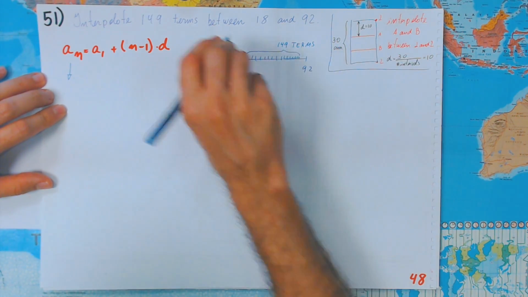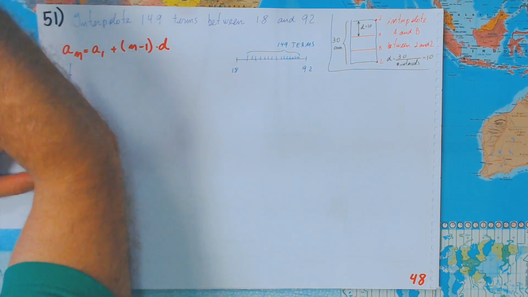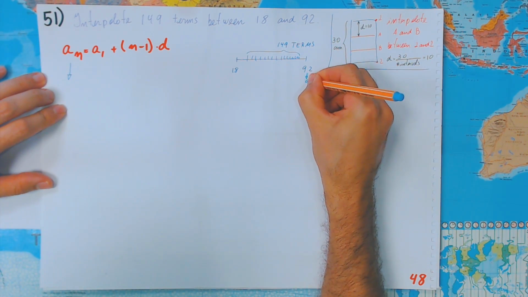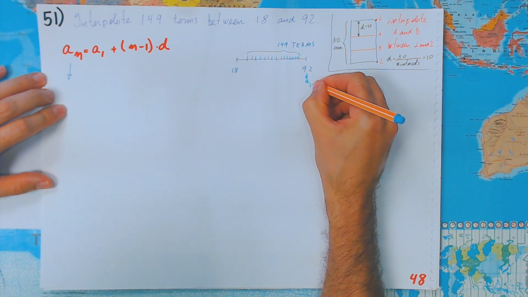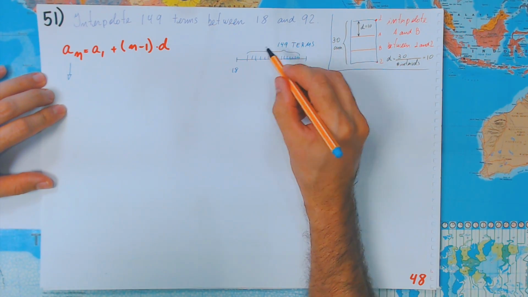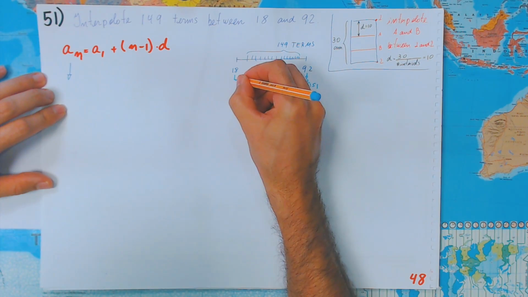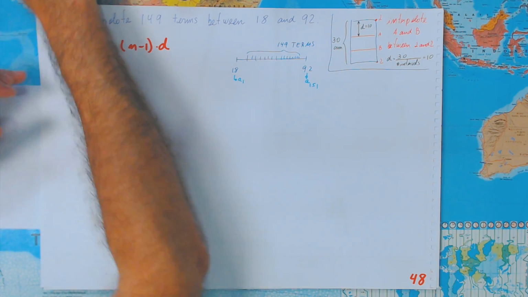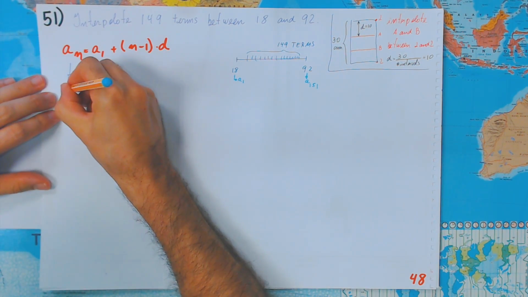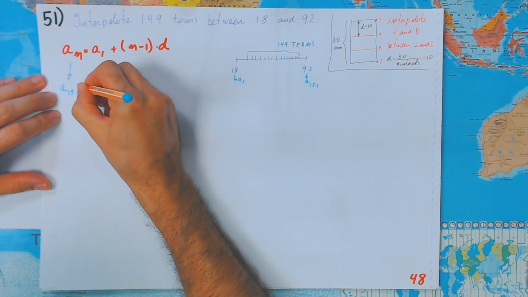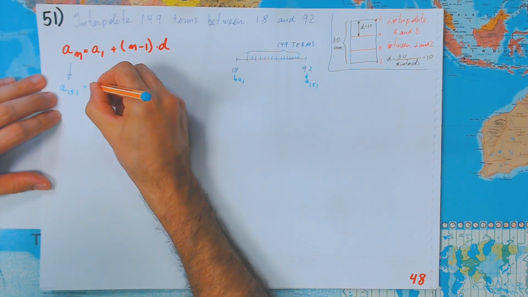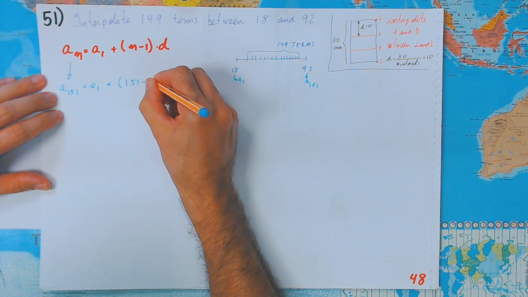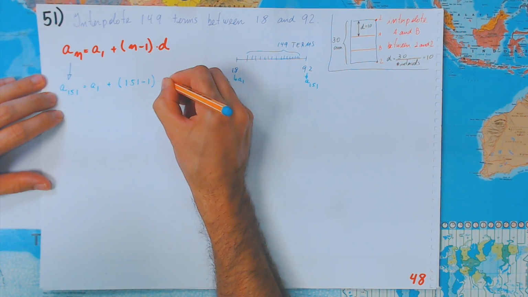So this one here is going to be a 151, and this of course is going to be a1. So a 151 is equal to a1 plus 151 minus 1 times d.